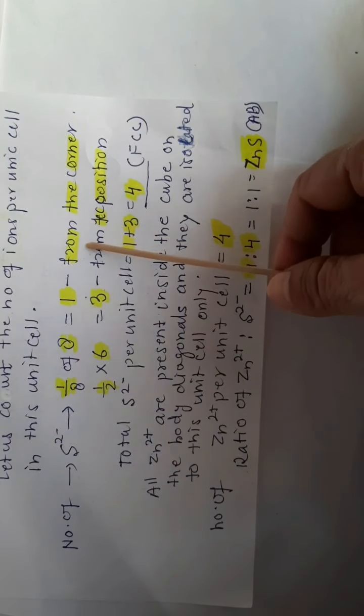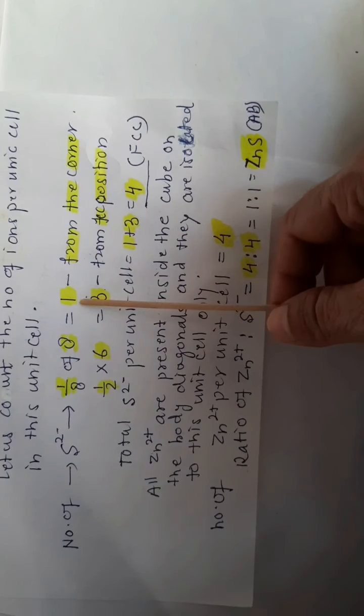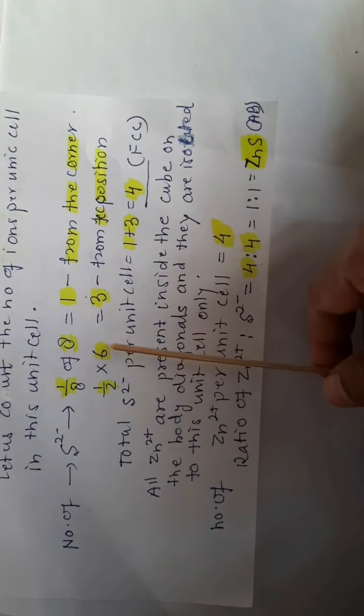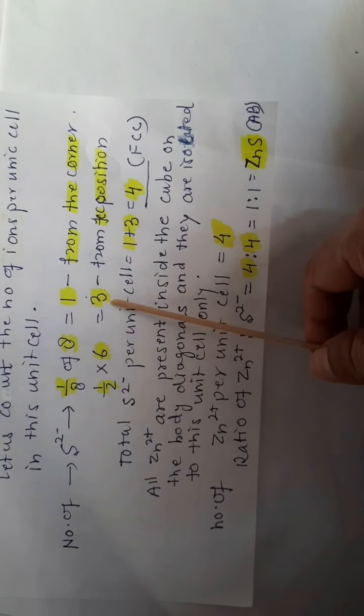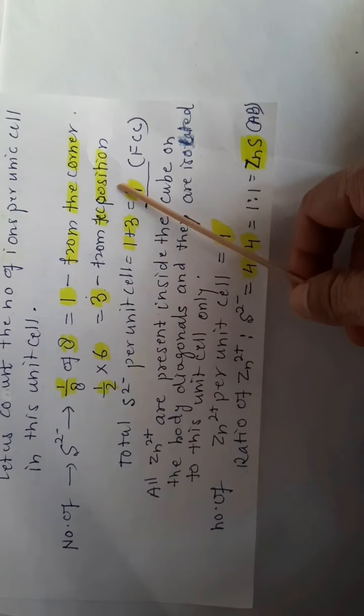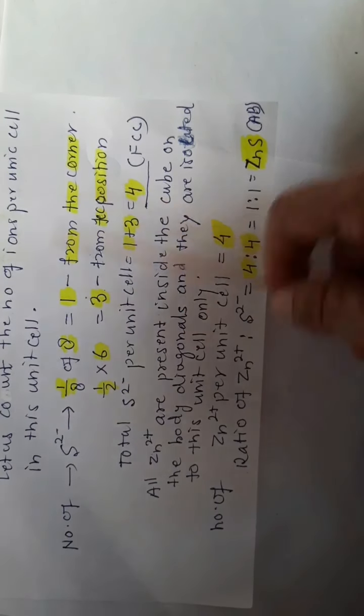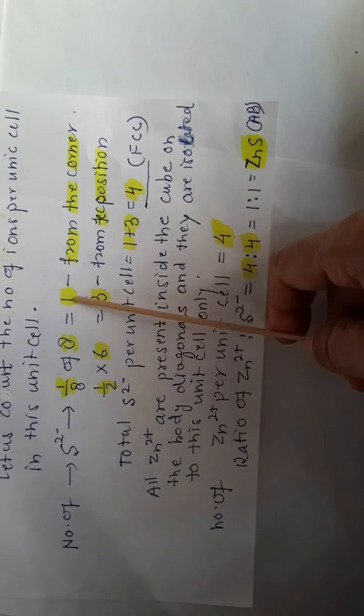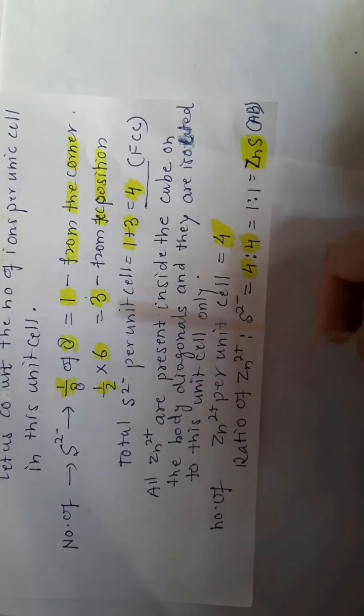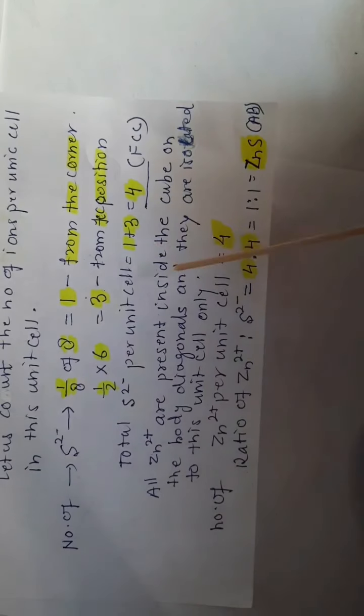It means the number of sulfide ions contributed from the corners is 1. There are a total of 6 faces and each face center position is occupied by the sulfide ion, and a face is common between 2 unit cells, and that is why 1/2 of 6 will give you 3. So 3 sulfide ions are contributed from the FCC position, that is the face centered position. The 3 plus 1 comes out to be 4. So the total number of sulfide ions per unit cell is 4.